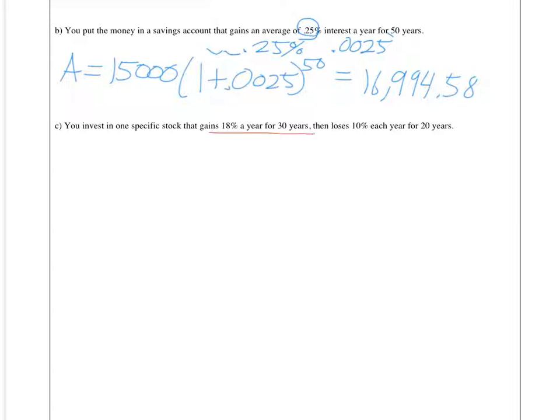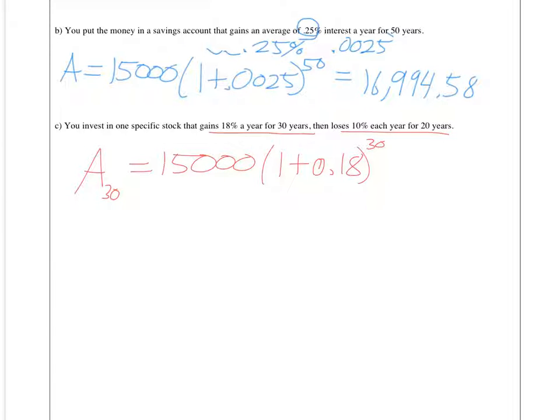We're going to gain money for 30 years and then lose money for 20 years. We're going to do this in 2 pieces. So I'm going to call this A30, the amount at 30 years, is equal to 15,000 times 1 plus 18%, which is 0.18, to the 30.